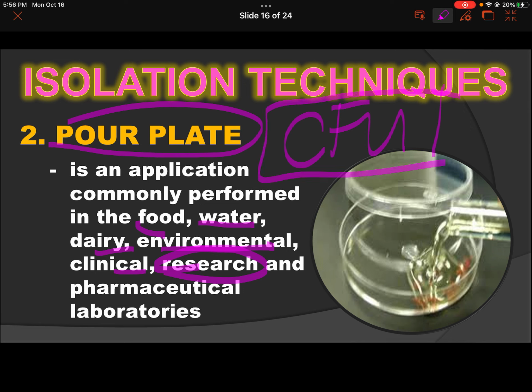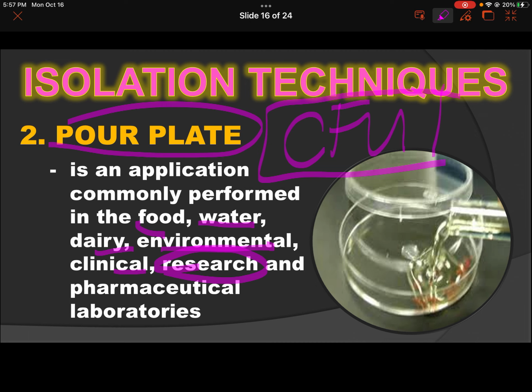Unlike the multiple interrupted streak, you can observe not only surface growth but also subsurface growth of colonies. Sometimes you can also observe that the colonies are embedded in the agar. This is just based on experience.